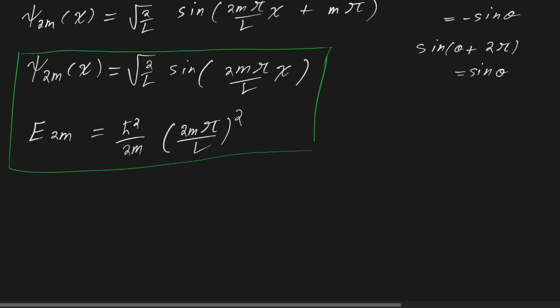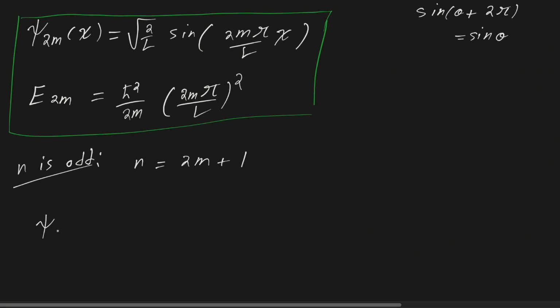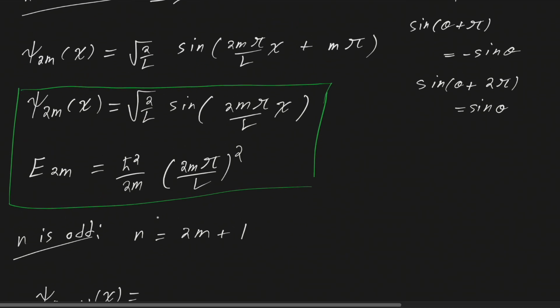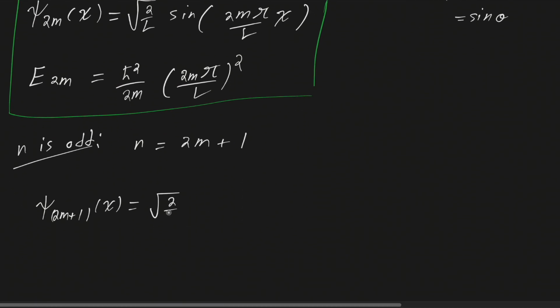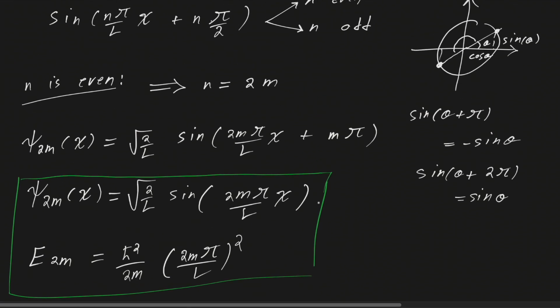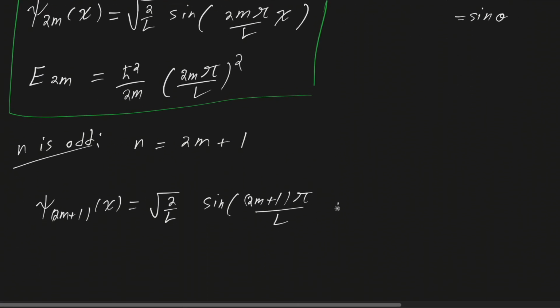Well, what about the case where n is odd? So n will be written as follows: n equals 2m plus 1. We'll get that psi of 2m plus 1 of x will equal the square root of 2 over L sine of 2m plus 1 pi over L x plus 2m plus 1 pi over 2.